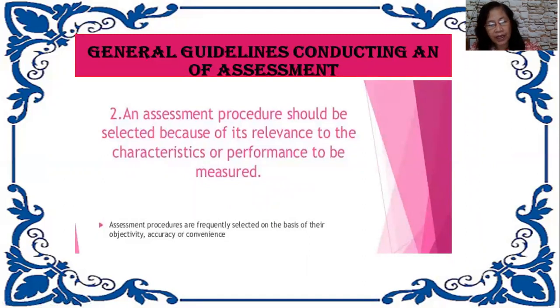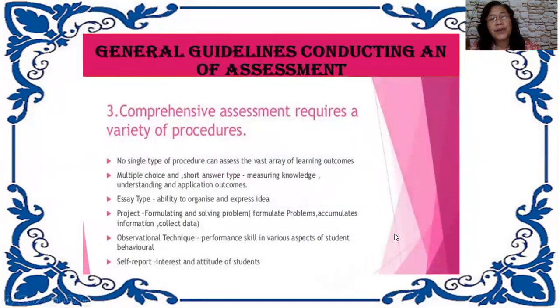So there should be a direct or indirect relevance. There is a connection. Assessment procedures are frequently selected on the basis of their objectivity, accuracy, or convenience. Then the third, comprehensive assessment requires a variety of procedures. So if it is comprehensive, there should be a variety of procedures.